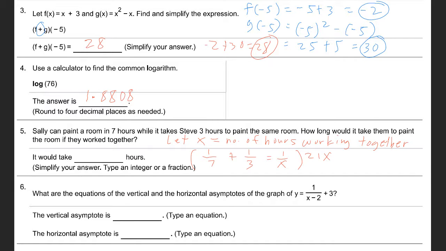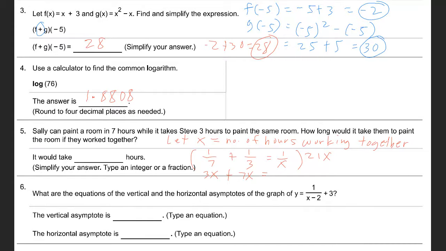So 1 over 7 times 21x, that would be 3x, right? And then plus 1/3 times 21x, that would be 7x, equals 21x times 1 over x, or 1 over x times 21x.